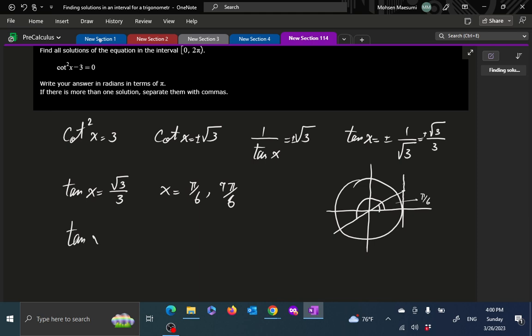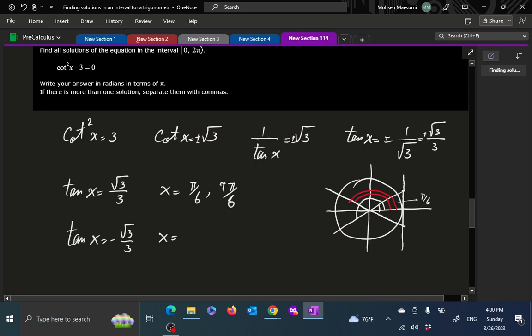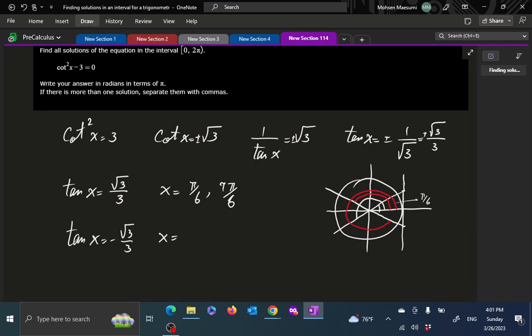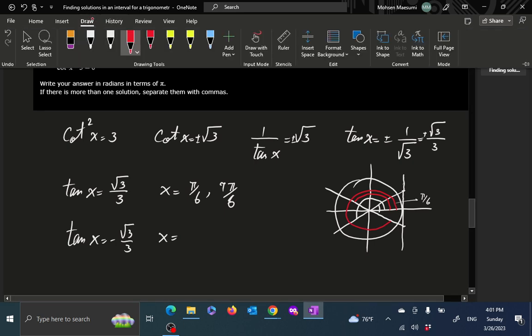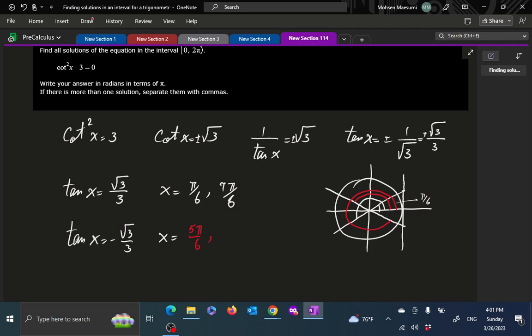If tangent of x is minus radical 3 over 3, here is the minus case. We go from here to the origin to the other side. The two angles you are after now, one goes here and the other one comes all the way around. Again, you look up your table and you see 5 pi over 6 and the other one is pi over 6 short of 2 pi.